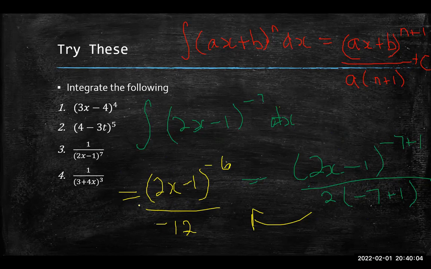Or like I said, you could put the minus in front here, or you could say 1 on -12 by 2x minus 1 to the power 6. There's a whole set of variations. Just make sure that all the answers are mathematically equivalent.